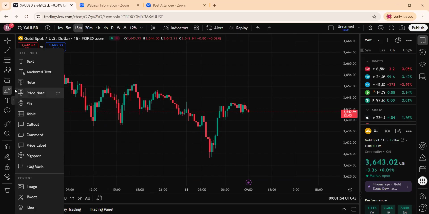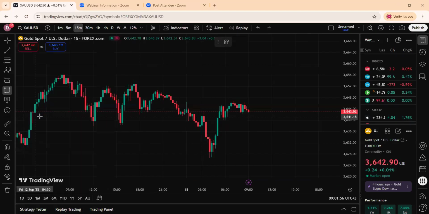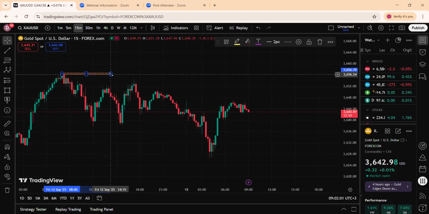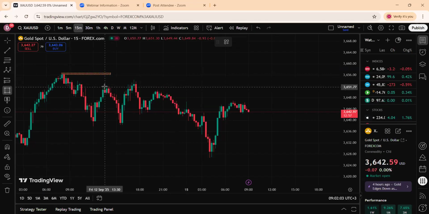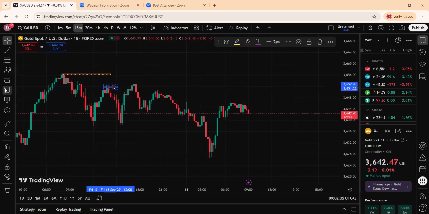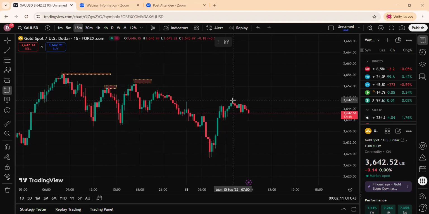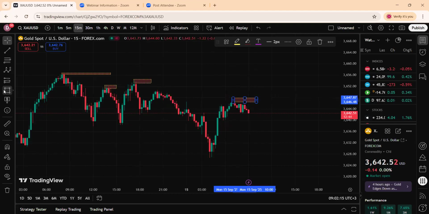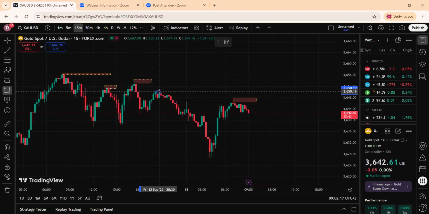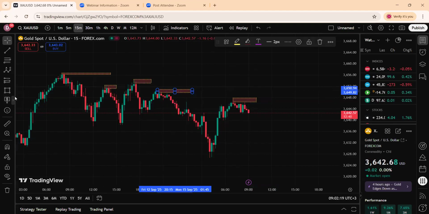Let me mark them using the rectangle. This is the resistance. I can see there was another resistance here. Another one is here. So long as the market has changed direction, that's my resistance on the upper side.